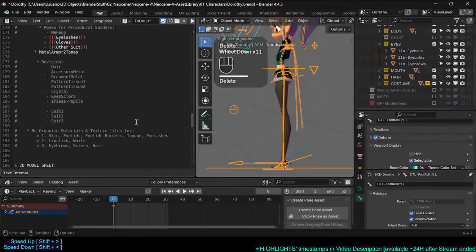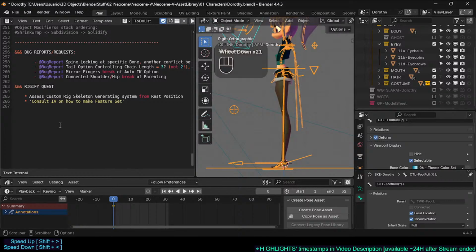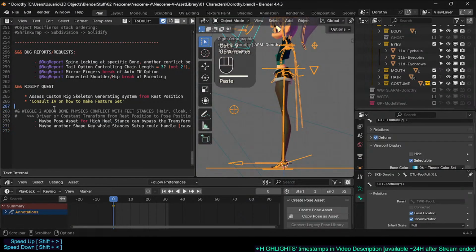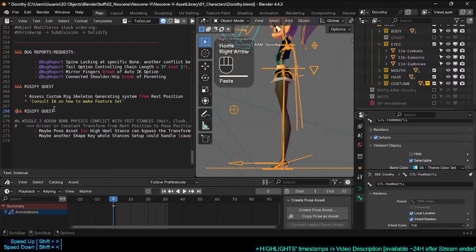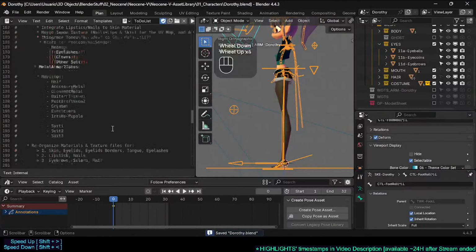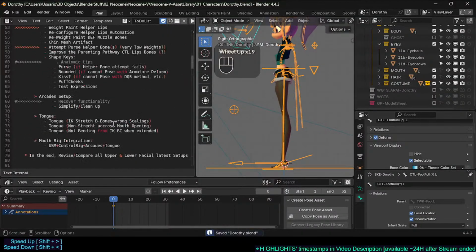More like notes for me, things to consider: high heel boots rig setup. So this is not something that I need here anymore, so we're going to make good progress here.